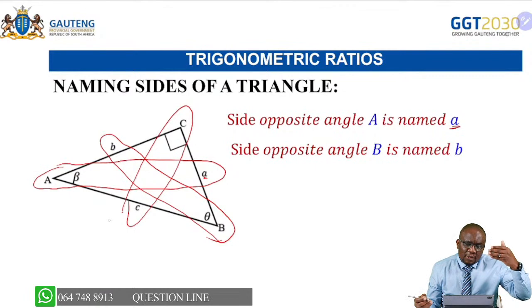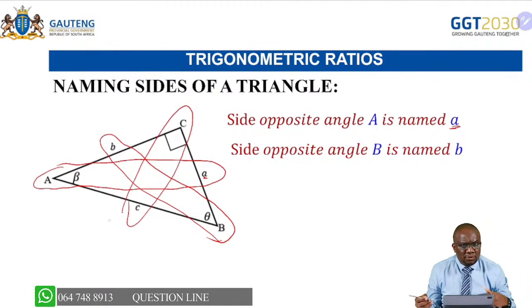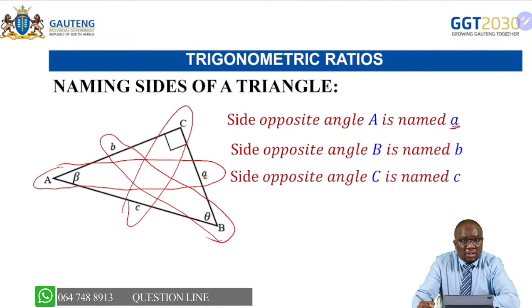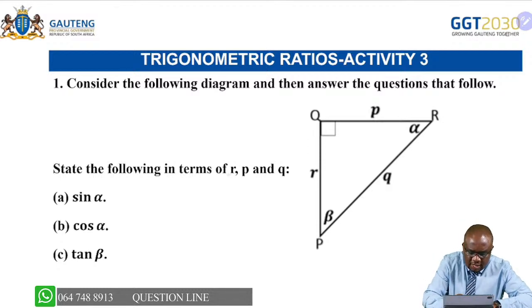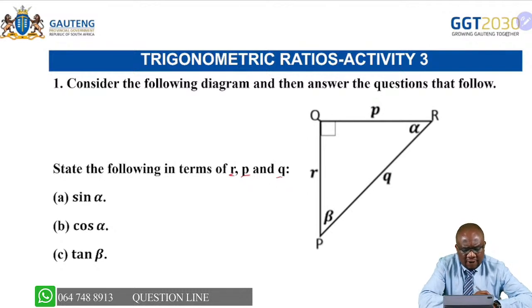So I've got two more questions. I'll explain them, then we go to our last question. If you want to be ahead of me, please do so. Consider the following diagram and then answer the questions that follow. State the following in terms of R, P, or Q. Let me go straight to the answers.